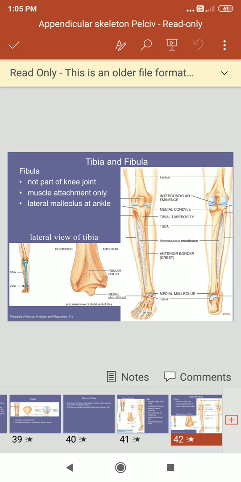So you can see these tibia and fibula bones, how they look. The fibula is not part of the knee joint, and has muscle attachment only for the lateral muscles.